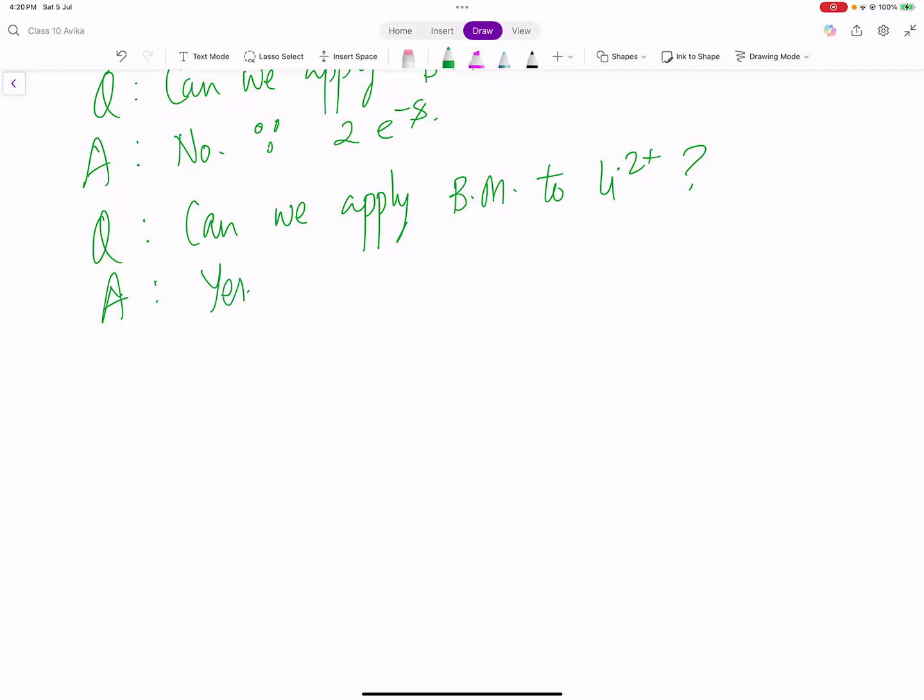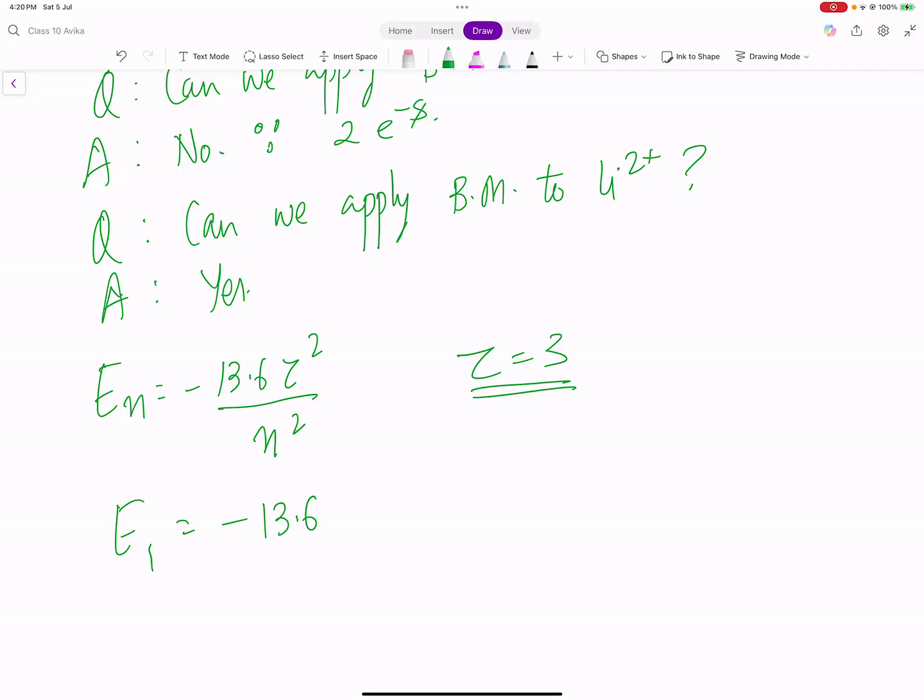Yes. So let's start. En equal to minus 13.6 Z square by n square. I will start with E1. So Z is equal to 3, for lithium. This is whatever eV this turns out to be.